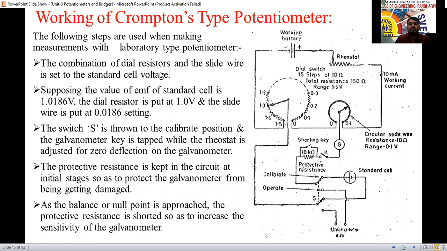See here, the combination of dial resistors and a slide wire is set to the standard voltage. We have set it to the standard voltage here now. Suppose the value of EMF of the standard cell is 1.0186 volt. We have set it here now.